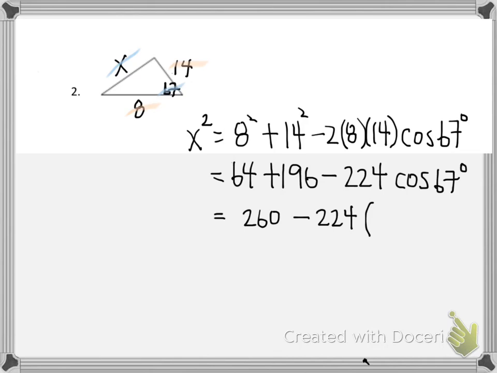Make sure your calculator is in degrees, so that's 0.3907. Multiply that times 224, and then minus 260. You should get 172.476.